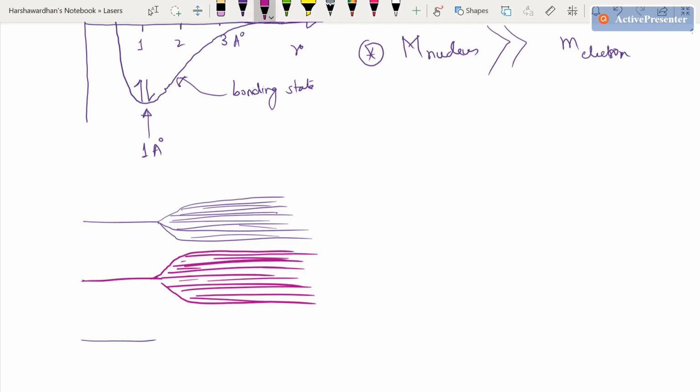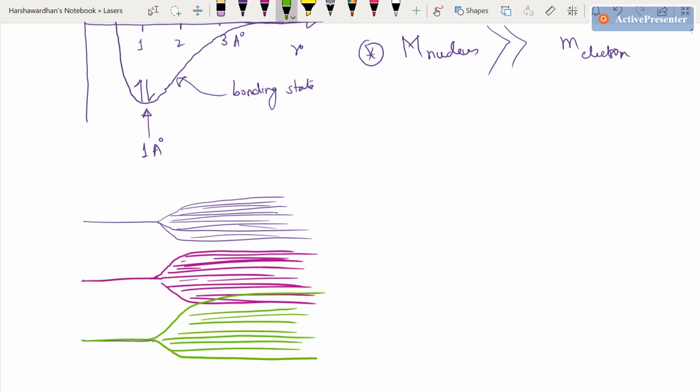And in all of these cases, I'm talking about 10 to the power of 23, Avogadro number of atoms, and you have these bands. Depending on the location and the interatomic distance within this periodic arrangement of solids, one can have these energies turning into bands and overlap between them.